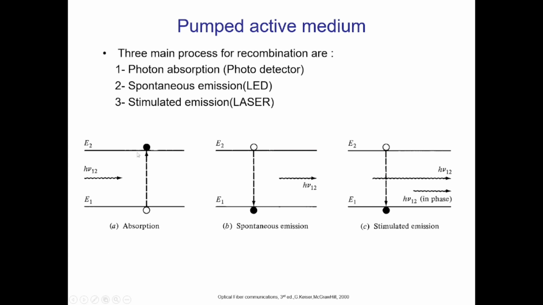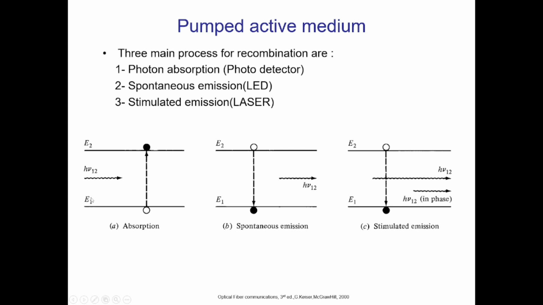Now the first one shows photon absorption. E1 and E2 indicate the energy levels. E1 is related with the valence band and E2 with the conduction band. In the valence band there will be some free holes, and there will be free electrons in the conduction band.